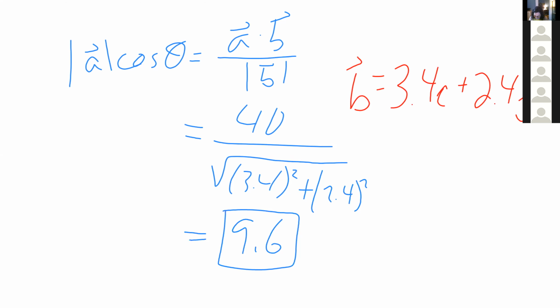If I want to find the magnitude of B, as a reminder, I just need to do the x component squared plus the y component squared underneath the square root. My x component is whatever's in front of the i hat, the 3.4. That's why I have 3.4 squared. My y component is whatever is on the j hat, which is 2.4, and that's why I have 2.4 squared. So I've just put this whole calculation here because I wanted to find the magnitude of B.